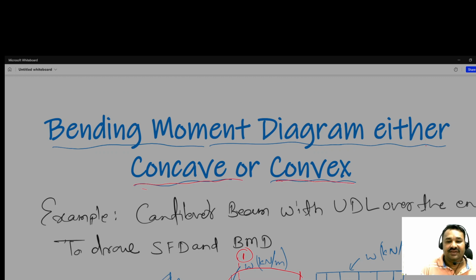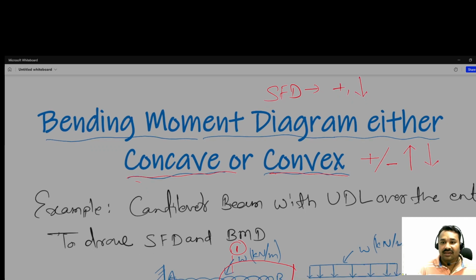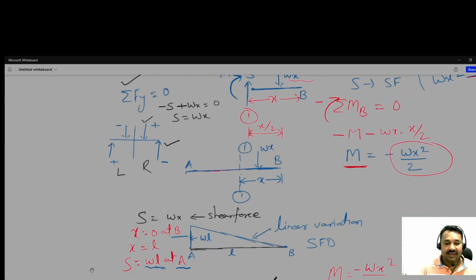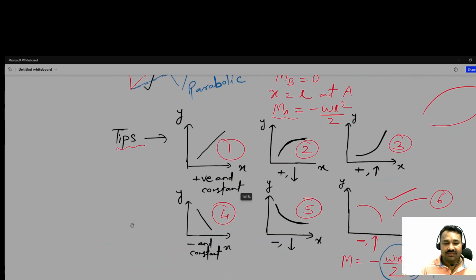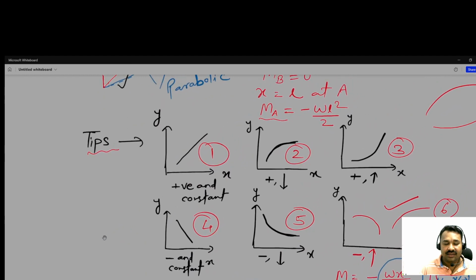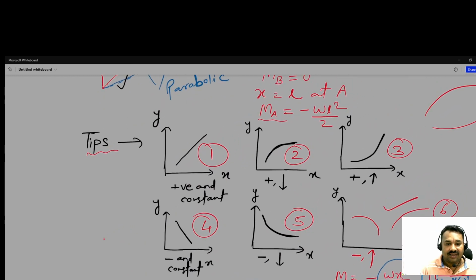Okay, so this is determined by either the value being positive or negative, and whether magnitude is increasing or decreasing. So here in the shear force SFD there was no problem. The SFD was positive and the magnitude, if we see from B, it was increasing. Let us see, positive and decreasing, from B positive and decreasing, so you can see positive and decreasing. Which criteria will be used?